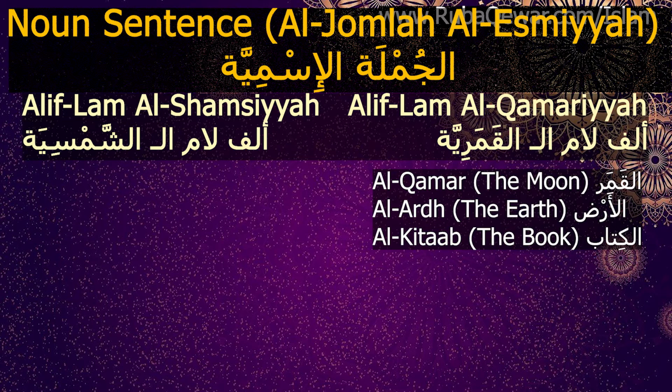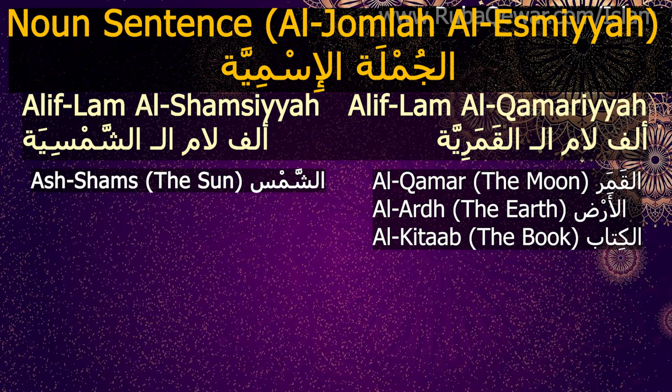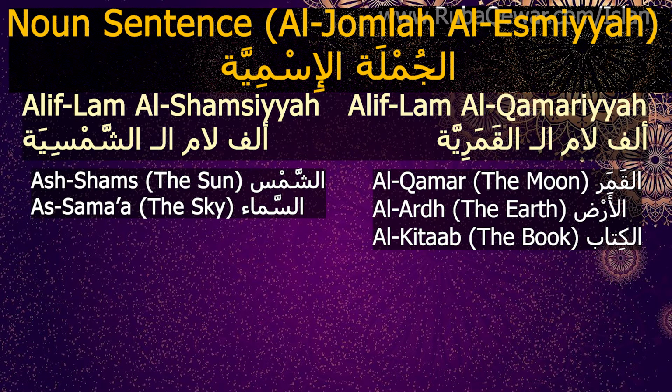There are some other letters that if you put them right after alif lam, it will eat that lam. So it will be just like one letter. So for example, ash-shams, as-sama.